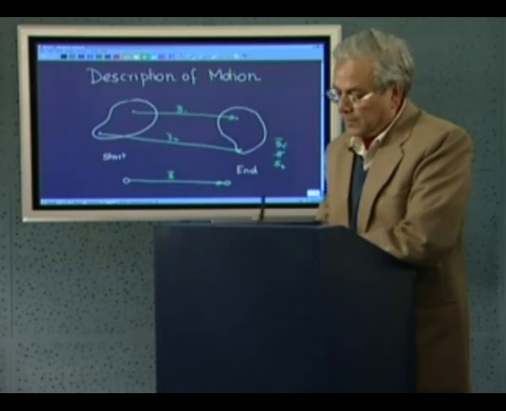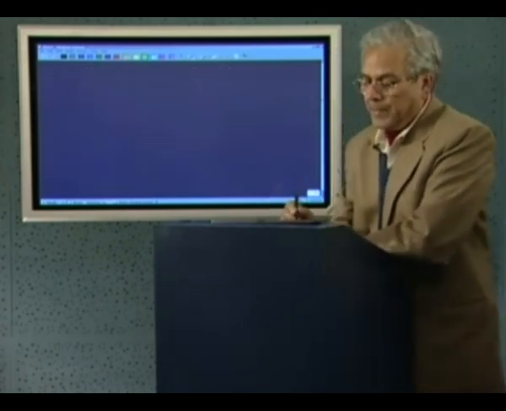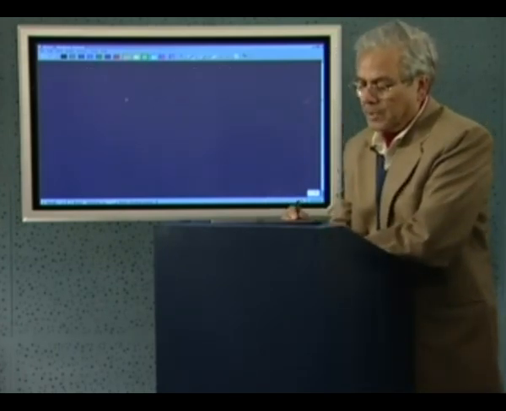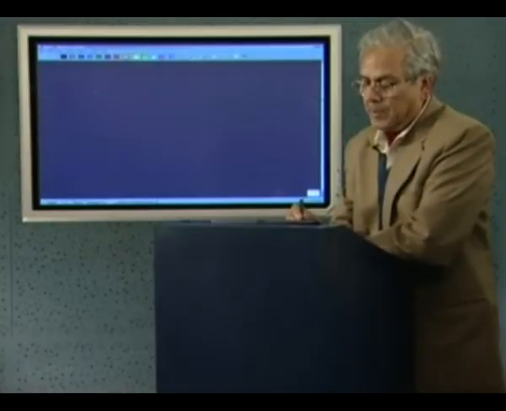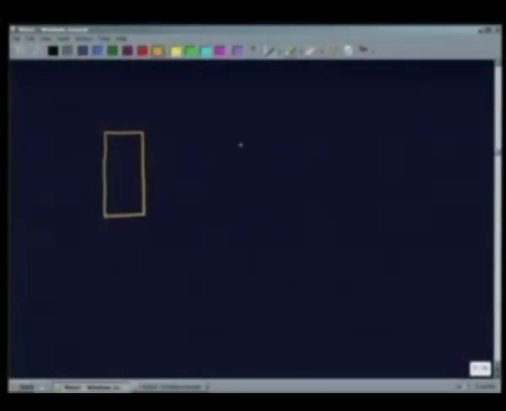To do that, let us see how we describe the motion of a rigid body. First let us take this rigid body. I am drawing a simpler body for better understanding, and the same body goes there.